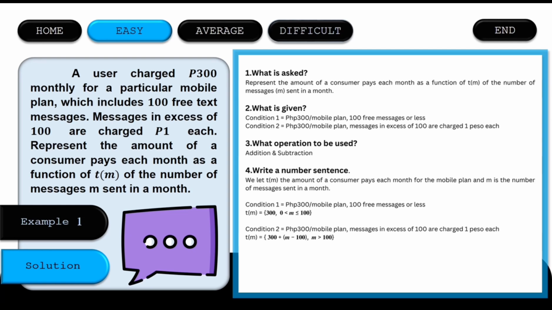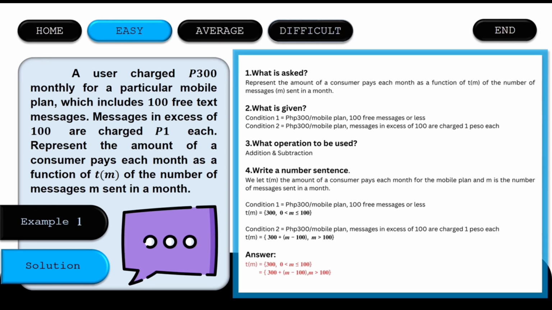Kasi halimbawa, kung ang isang Pinoy ay gumamit ng 110 messages, ayan ay 110 minus 100, it is equal to 10. Bali, 300 plus 10 is 310, which will be the amount na kailangang bayaran ng consumer if they used 110 messages. Ang interval naman nito is m is greater than 100.